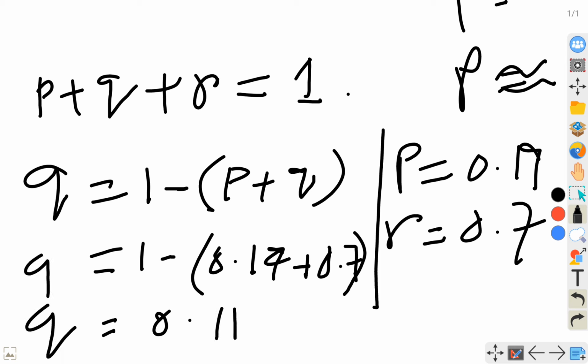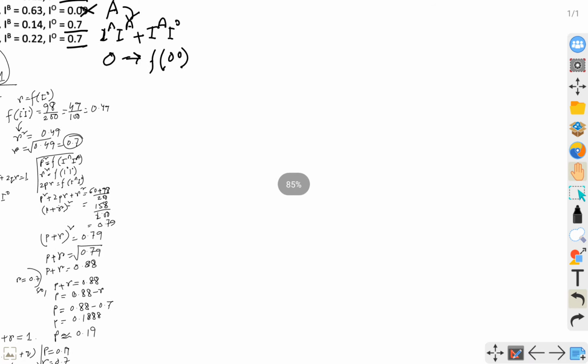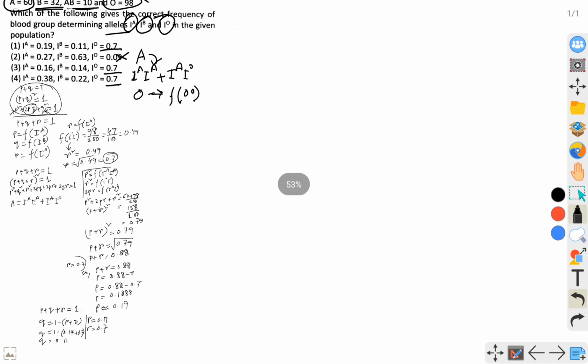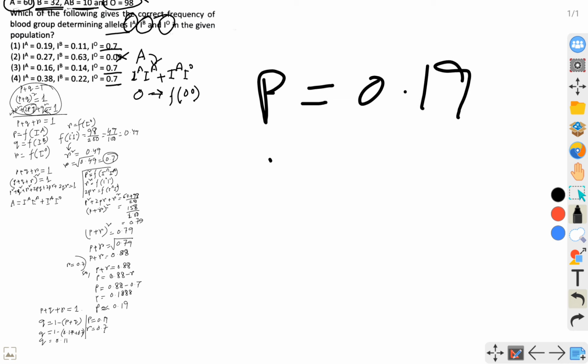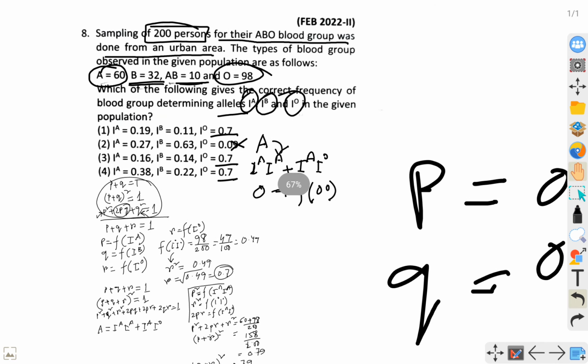So Q is equal to 0.11. So finally we have completed the whole equation and got the values: P is equal to 0.19, Q is equal to 0.11 and R is equal to 0.7. So option 1 is the correct option.